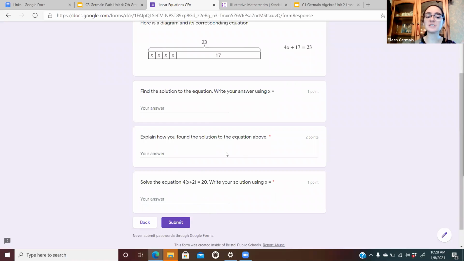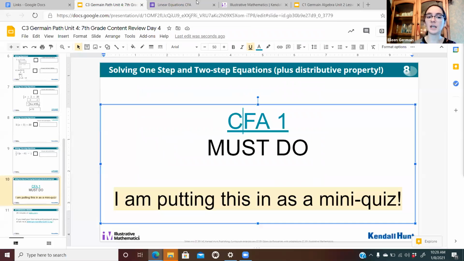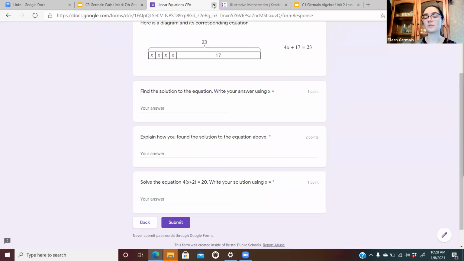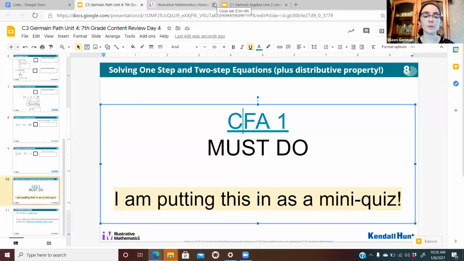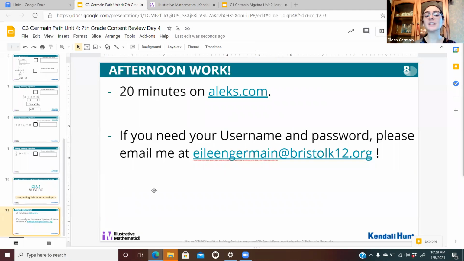Then once you finish the CFA, I would recommend that you turn it in. I wouldn't turn it in before though. That's just me, okay? So this afternoon, your work is slide number 10, CFA, going in as a quiz grade. Slide number 11, 20 minutes of Alex. You can make a change to that slide. We'll need 20 minutes of Alex time today.